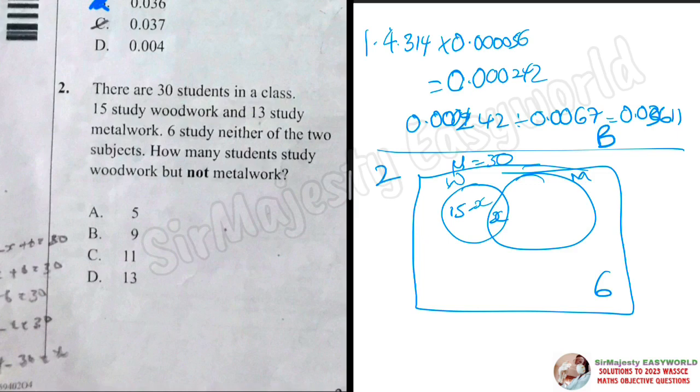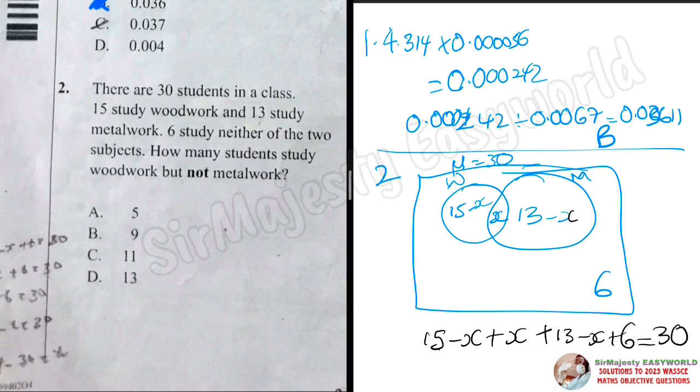Then those that study metalwork only will be 13 minus x. We're going to add everything together because the total was given as 30. So it will be 15 minus x plus 13 minus x plus 6 is equal to 30.